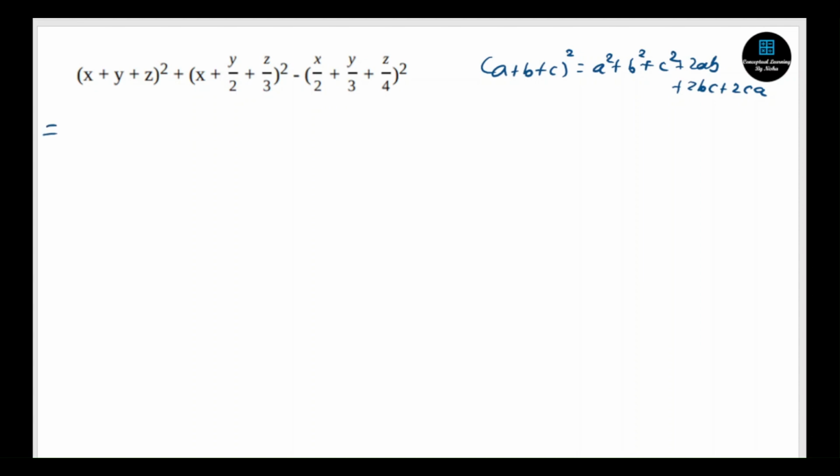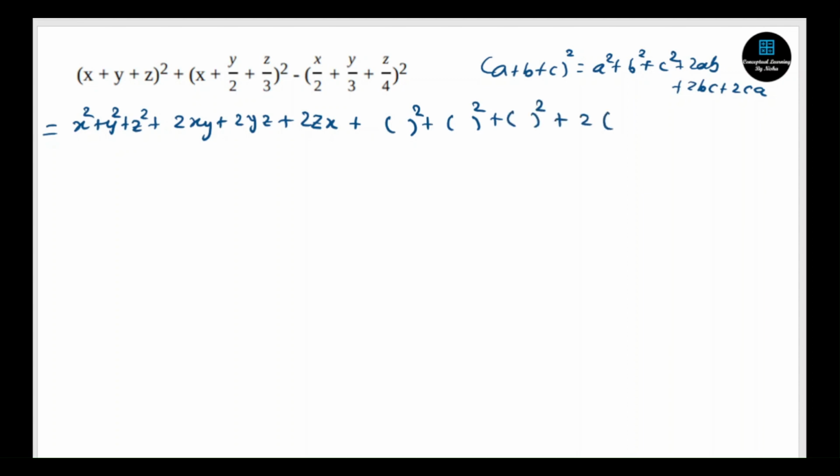Now here x square plus y square plus z square plus 2xy plus 2yz plus 2zx. Now for the second term, I have to apply the same identity, okay? So first term square, second term square, third term square, plus 2 into first term into second term, plus 2 into second term into third term, plus 2 into third term into first term.